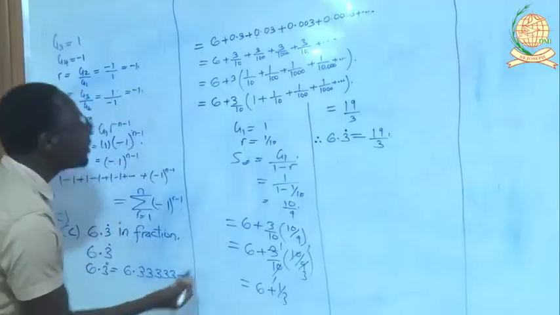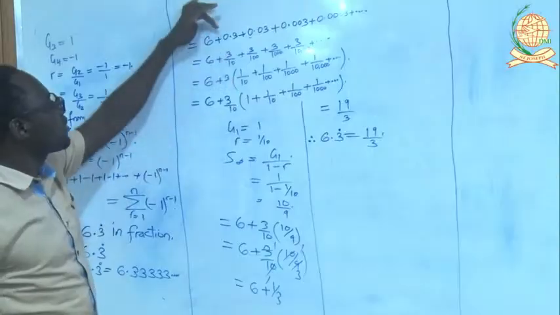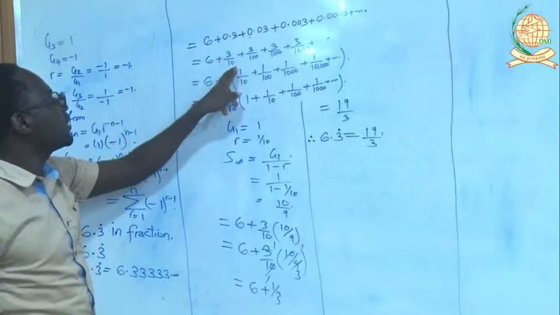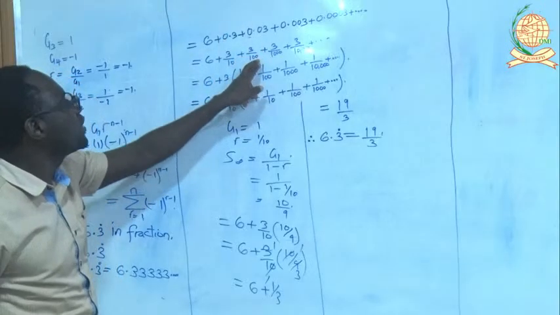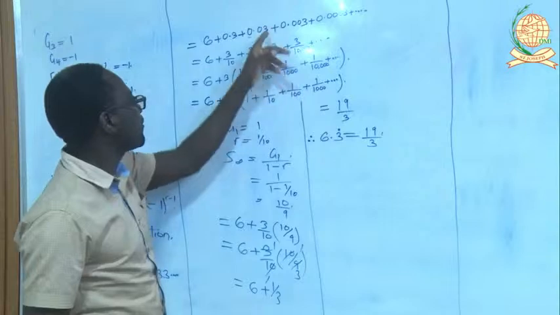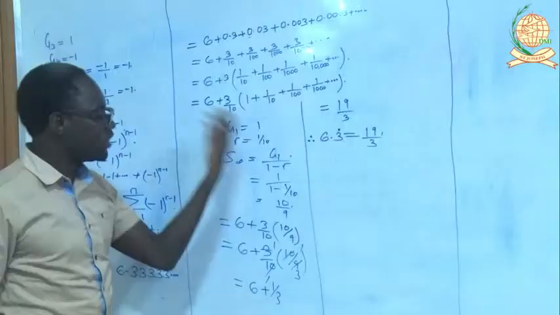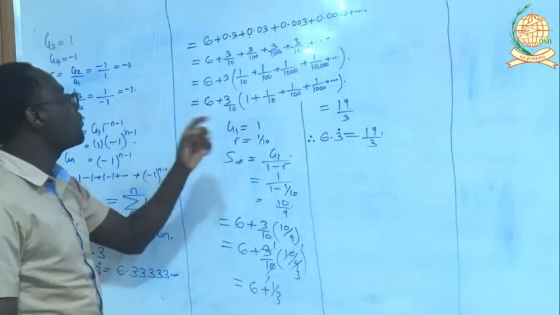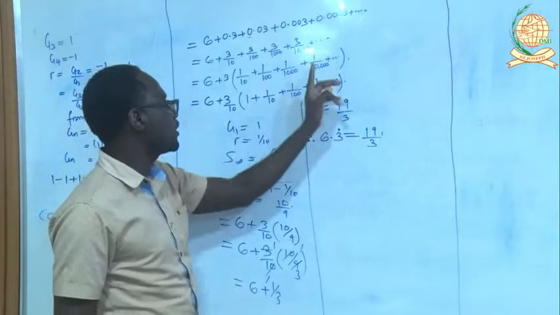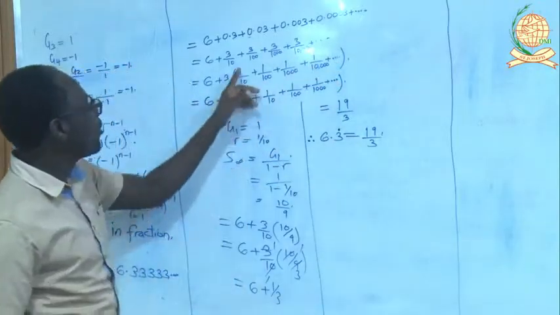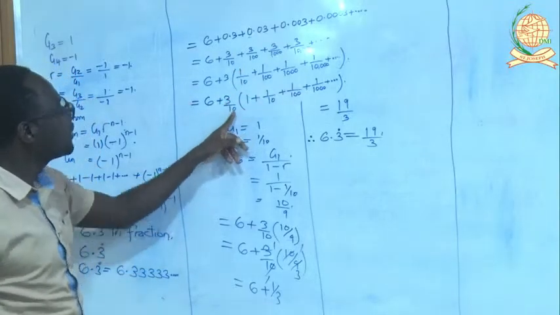Again, it is 6 plus 3 over 10, 3 over 100, 3 over 1,000. Now 3 is common, take it out: 6 plus 3 in bracket 1 over 10, 1 over 100, 1 over 1,000, 1 over 10,000, etc. Again, 1 over 10 is common, take it out. So it is 6 plus 3 over 10, then in bracket 1 plus 1 over 10, 1 over 100.